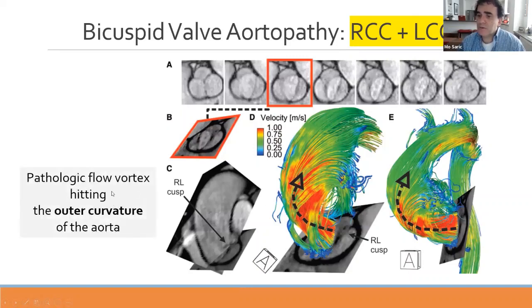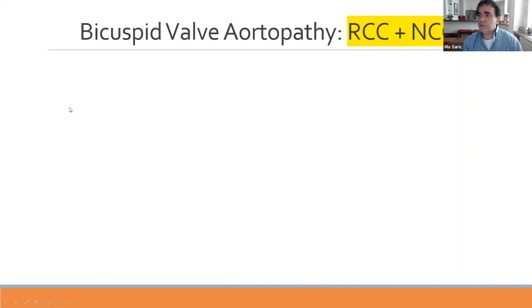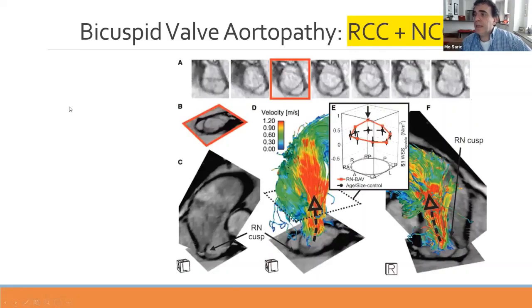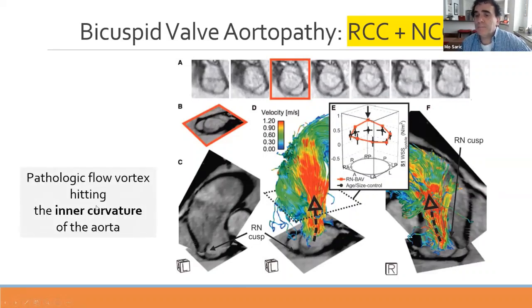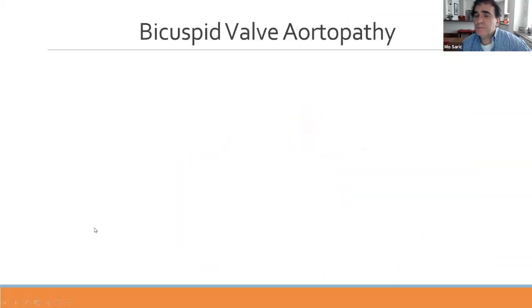So the pathological flow vortex hits the outer curvature of the aorta when we have a right and left coronary fusion. This is in contrast to when there is a right and non-coronary cusp fusion, where the vortex is directed toward the inner curvature of the ascending aorta.